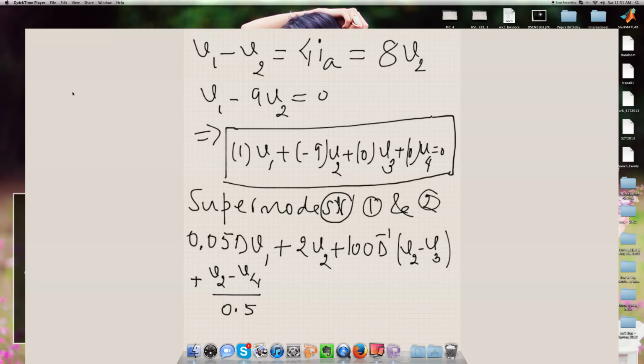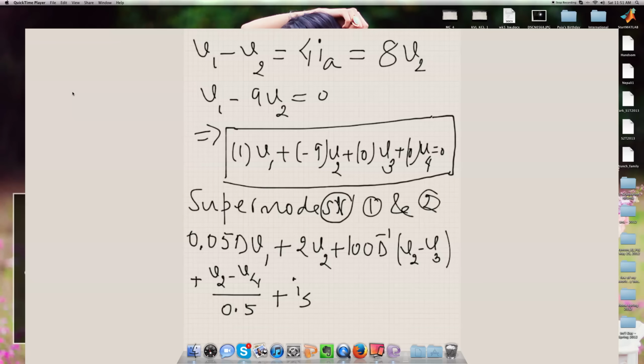Next comes the current that's flowing away from node number 1 onto node number 4, which is I sub s, leaving the node. So using passive sign convention, that's a plus I sub s. What is left now is the current flowing through the inductor of 0.01 Henry.